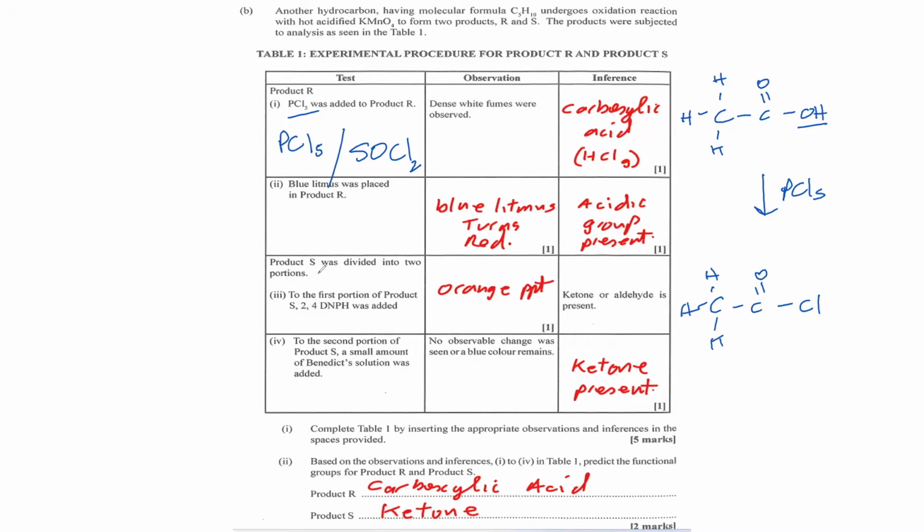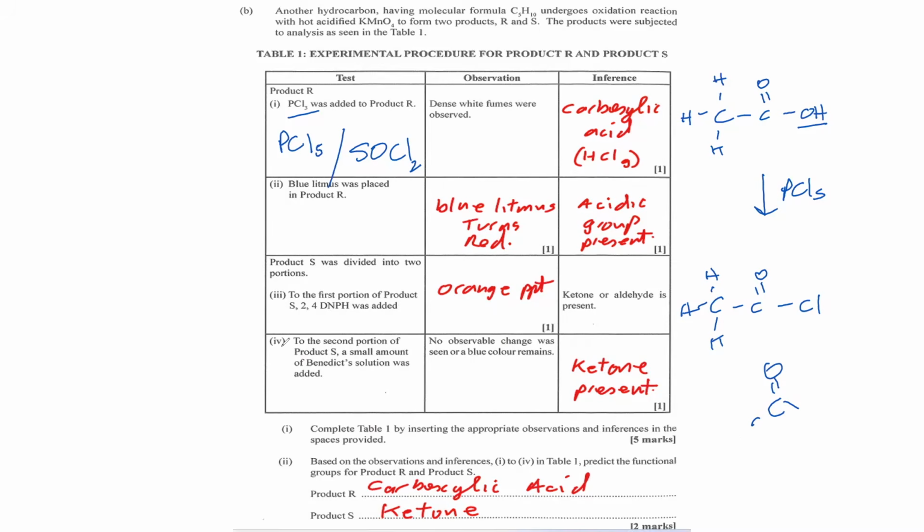Our other product S was divided into two portions and we added 2,4-DNPH to product S. As we know, an orange precipitate confirms that product S is either an aldehyde or a ketone, because Brady's reagent, which is our 2,4-DNPH, identifies the carbonyl group, C=O. Once that group is present, we will get an orange precipitate.